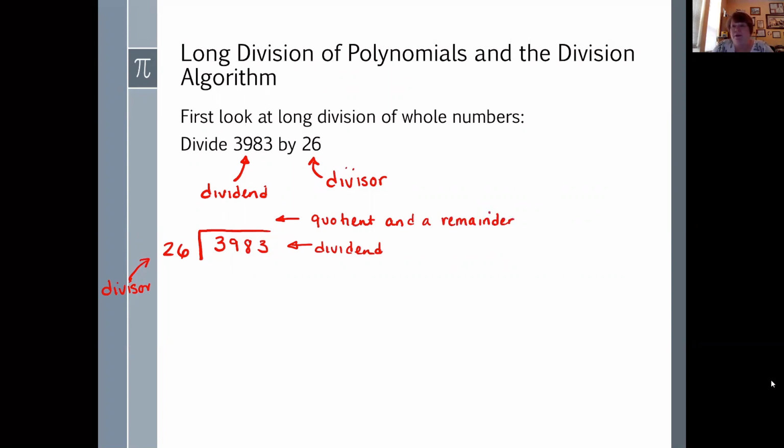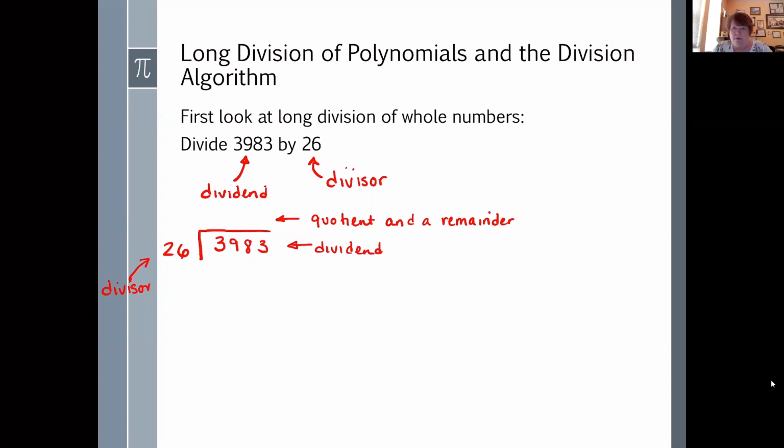All right, so how did you do long division in arithmetic? So the first thing you do is you look at your divisor and you determine whether it will go into the first number in your dividend. Will 26 go into 3? No. All right, so then you add the next number over, the 9, and you say, well, will 26 go into 39?